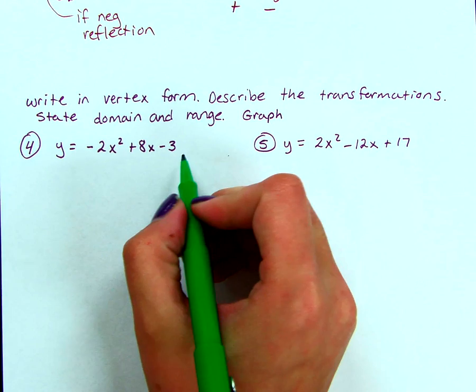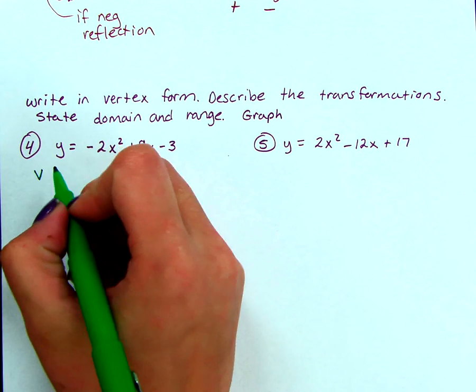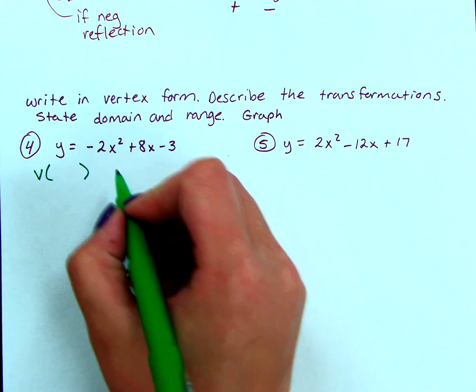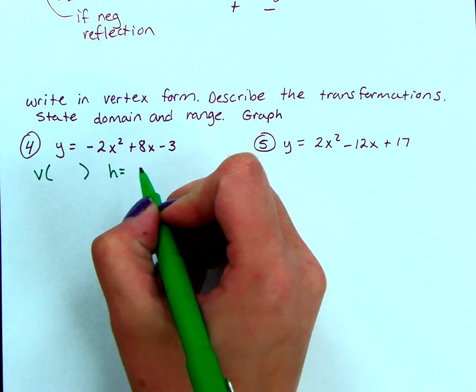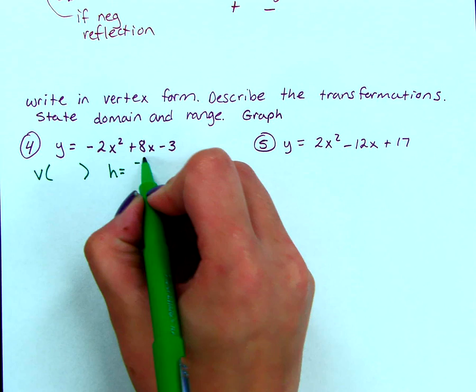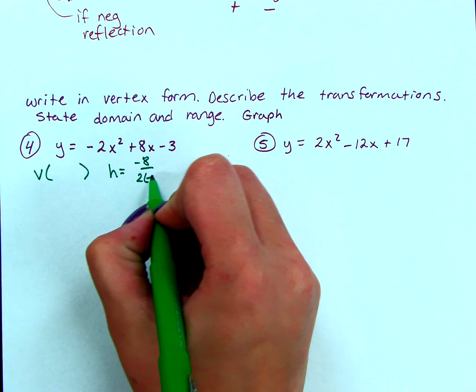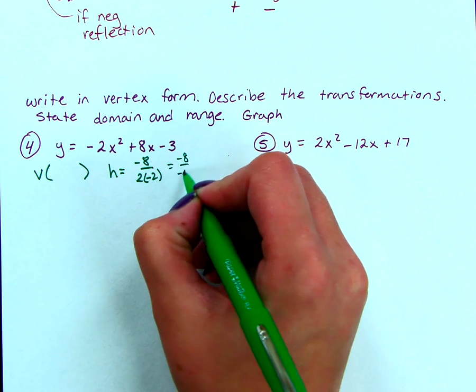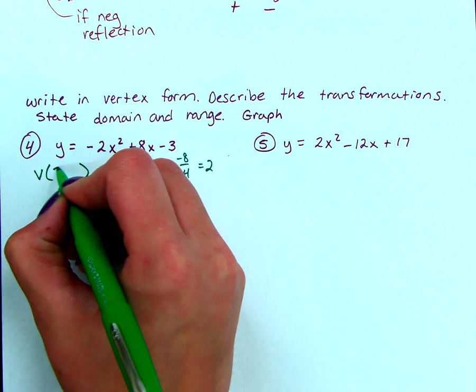So the vertex for this problem, we need to find our h first. So h is the opposite of b, so negative 8 divided by 2 times a, so negative 2. So negative 8 divided by negative 4 will give us positive 2.